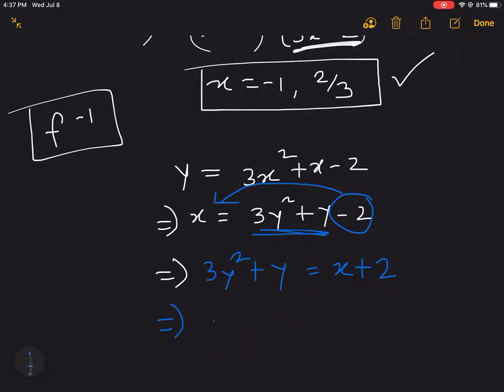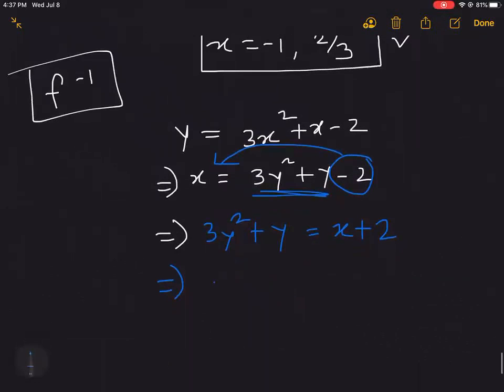So 3y squared plus y. If I plug in y, it will still have a 3y plus 1. Doesn't really help. We want to isolate it for y, right? So what else should we do?